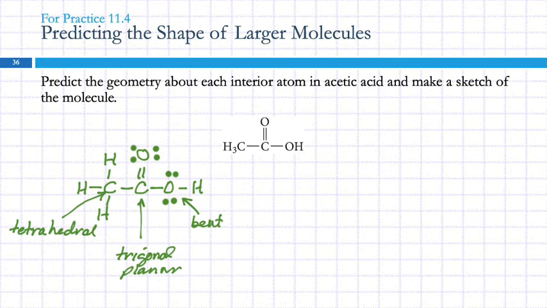The strategy when trying to sketch this molecule is you want to have as many of those atoms as possible be in the plane of the screen. It's just a lot easier that way. So I'm going to start with the tetrahedral one because that one is the hardest.